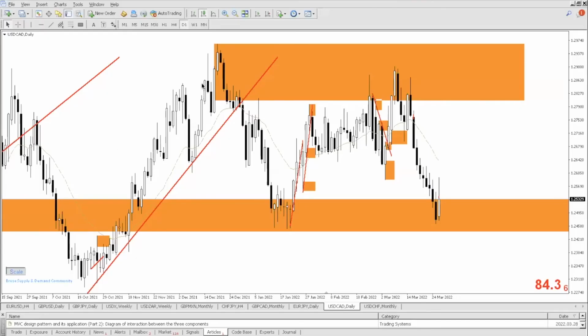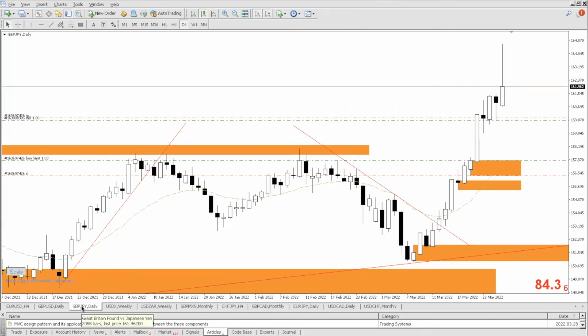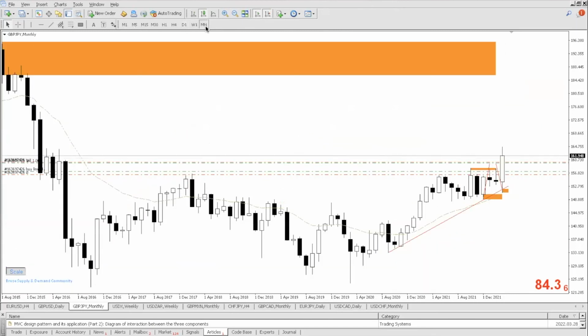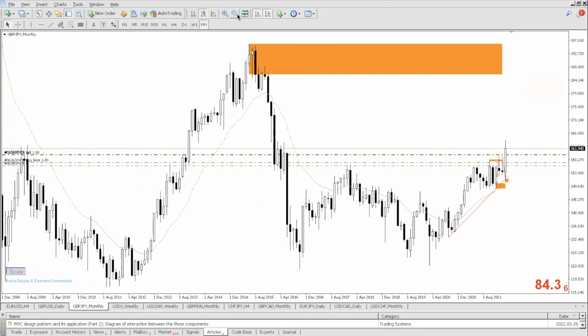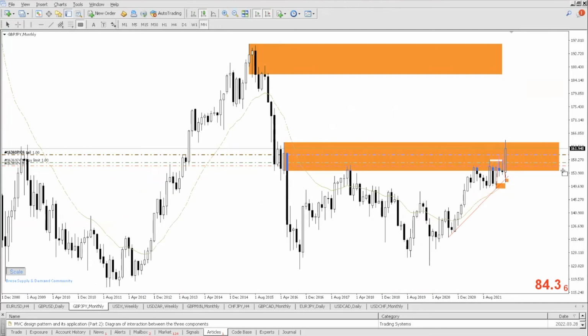Okay, there's a pair that I did give out on the previous session last week. It's pound JPY, this pair here. Okay, so analyzing this pair, we go here on the monthly. When you look at this pair on the monthly, it came to this area. And what did it do on this area?